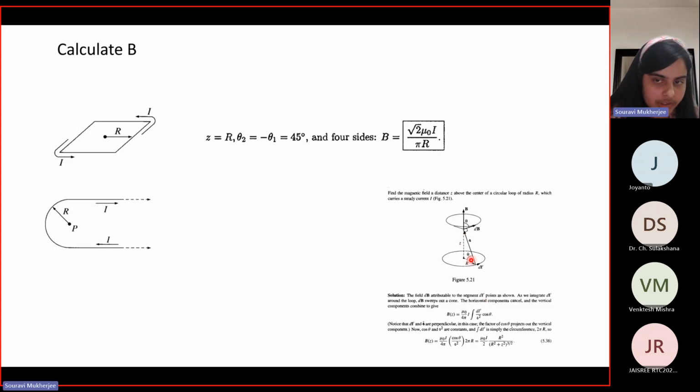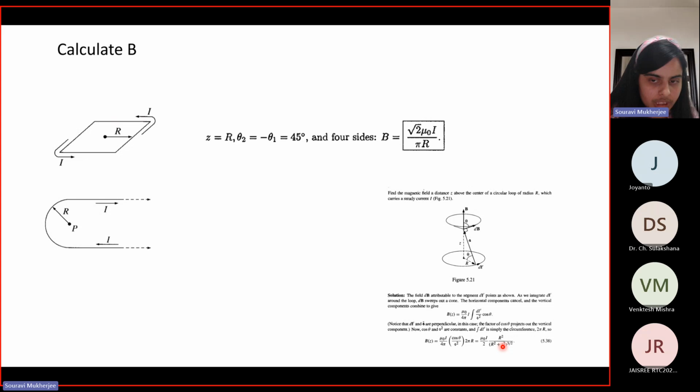This is how you choose your dl line element, and r will be nothing but the square root of R square plus Z square. This is the expression for the magnetic field at a distance z from the loop. Now, in your question, z is equal to 0, so you are trying to find the field at the center.